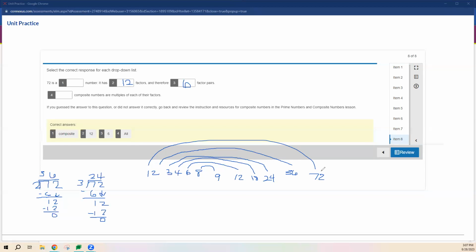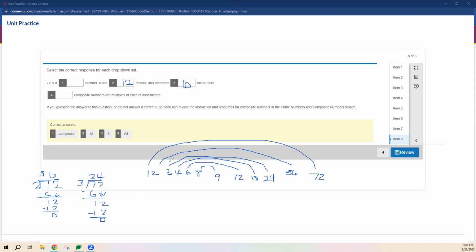That's going to be the case of any of them. When I skip count by 8s, I'm going to say 72, right? Once I get to 8 times 9, I'm going to say 72. If I skip count by 12s, I'm going to say 72. I just did, right? 12, 24, 36, 48, 60, 72.